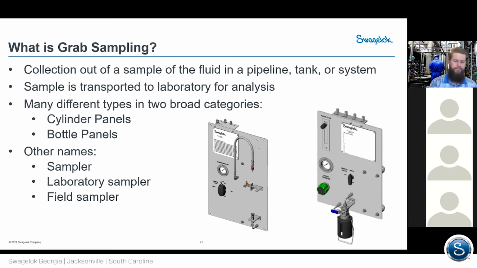So sampler, lab sampler, field sampler, just the way that we're describing collecting a fluid from a pipeline or a tank or other system. And we're probably going to capture that into a cylinder or into a bottle and transport it somewhere either at the plant or across the world for analysis, right?